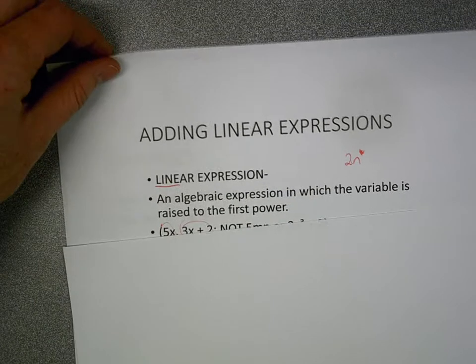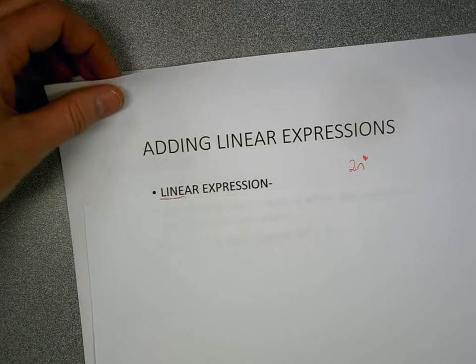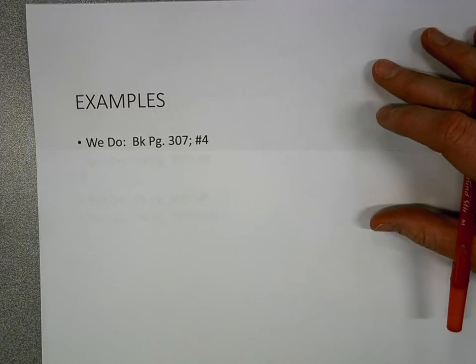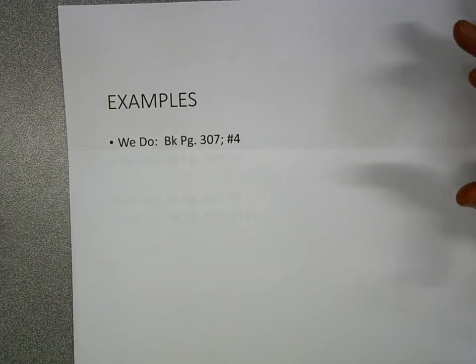So what I'd like you guys to do is grab your book and flip over to page 307. Grab a piece of paper if you haven't already. Put your name, date, period up at the top. All right.